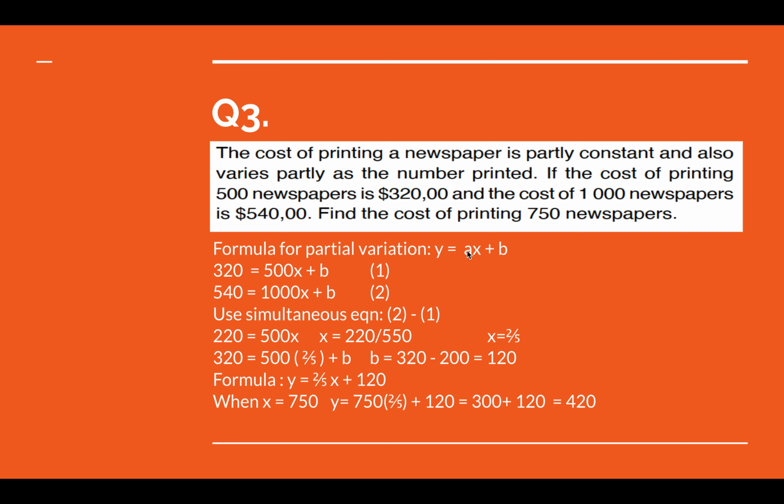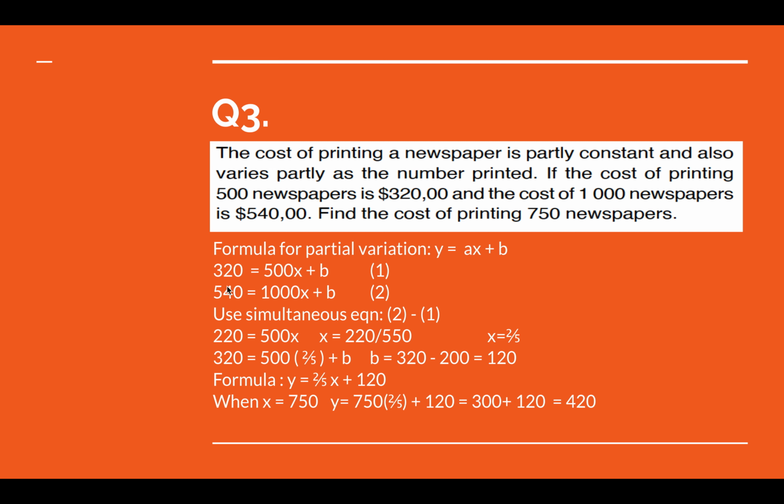a, or our alpha, and the 320 is our y, because the cost of printing is going to change with the number of newspapers. That is why we put 500 next to the x. If the number of newspapers printed increases, the cost is going to increase. And that's also what we did with the 1000 newspapers.